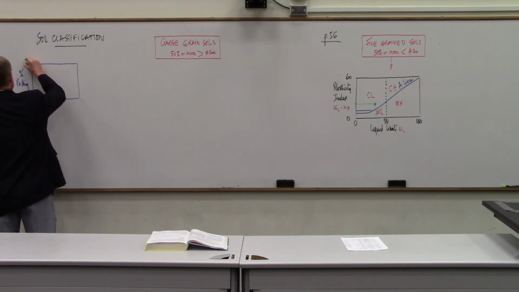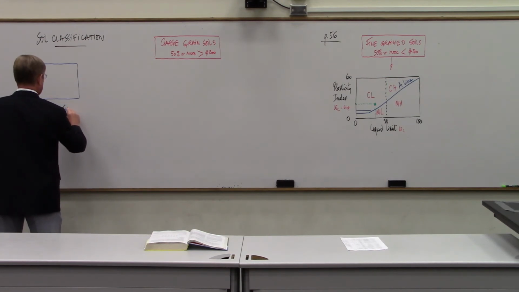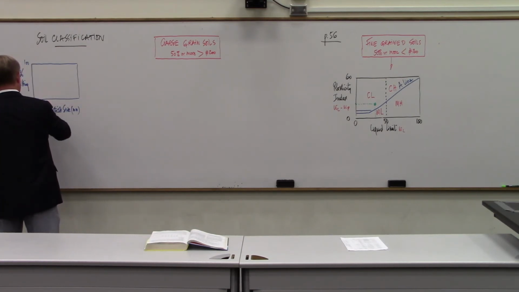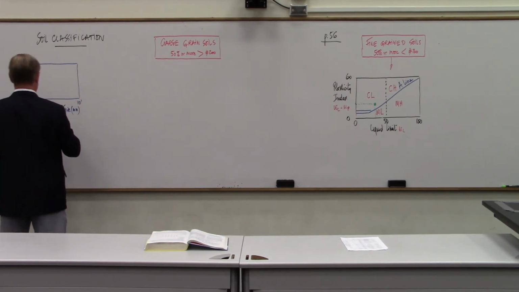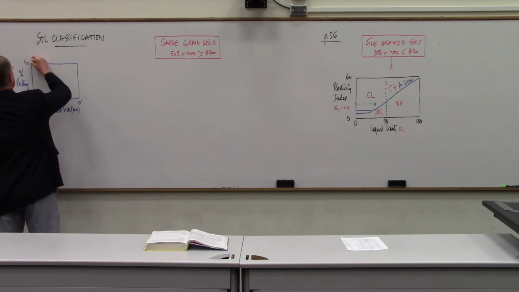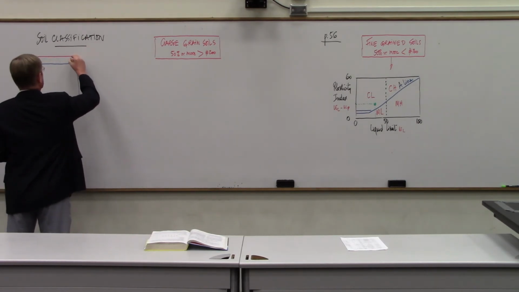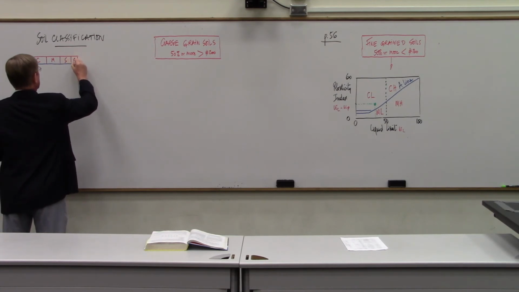This goes from 0 to 100, and then here we'll have the particle size in millimeters. And you remember it goes from 10 to the minus 4 to 10 to the plus 1. And then in here we'll have clay, silt, sand, and gravel.